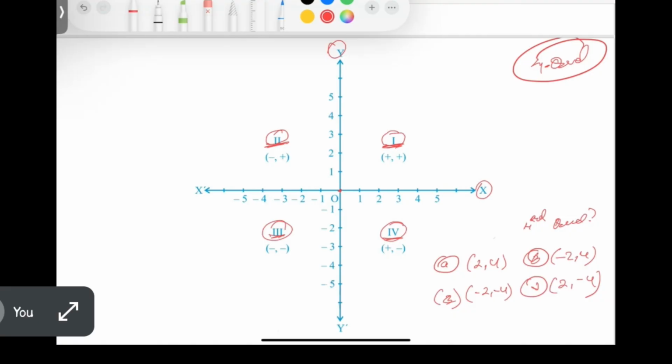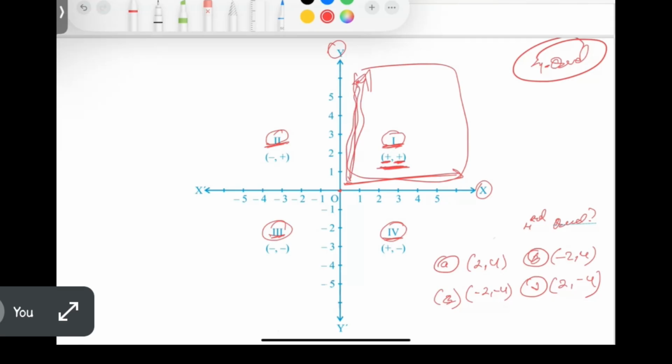So if you look here, in the first quadrant both will be plus. Why? Because we know the first one is x and the second one is y. So on this side x is positive. First quadrant means this one only, okay. And this side is y, and y is also positive because top is positive.